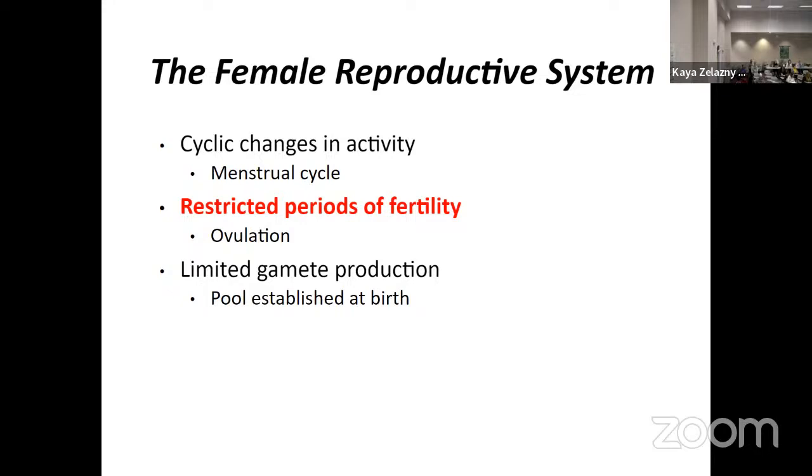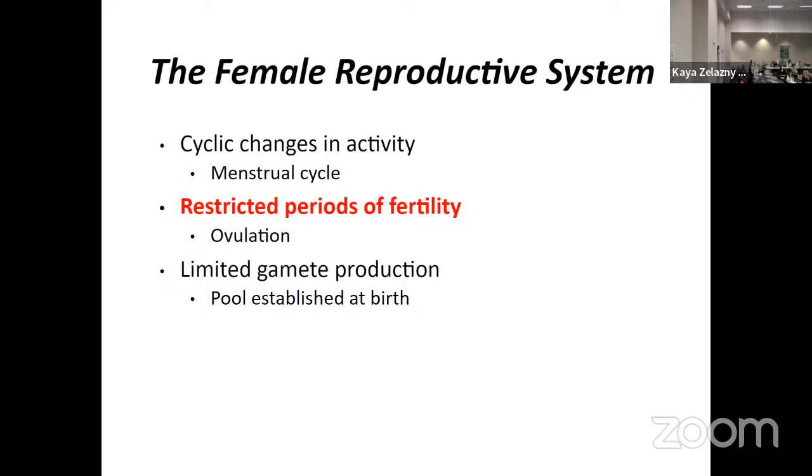So specifically, ova are only available to be fertilized at certain points within the menstrual cycle. So the cells that we need for fertilization are only released during ovulation, which occurs roughly halfway through the menstrual cycle. We'll talk about exact numbers as we move forward. All right, and they're only there very briefly, and then they're gone.